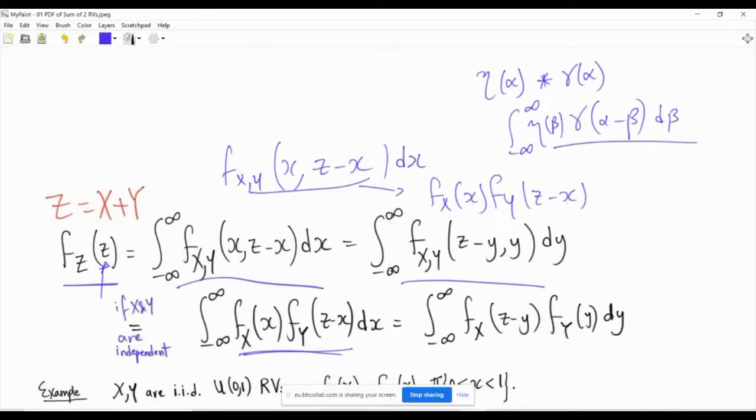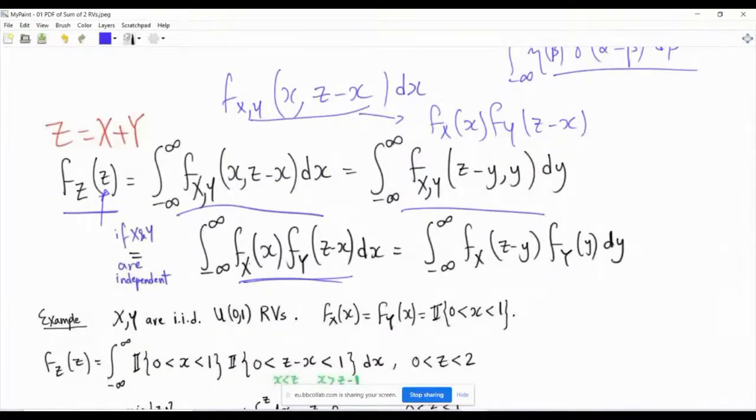Okay, so again, this is a standard convolution in mathematics, and it has many applications, but it's not important to recognize that this is a convolution. If you don't know convolution, it is just this integral here. And of course, you need to use this integral if the two random variables are not independent. If they are independent, then you can go for this integration here.